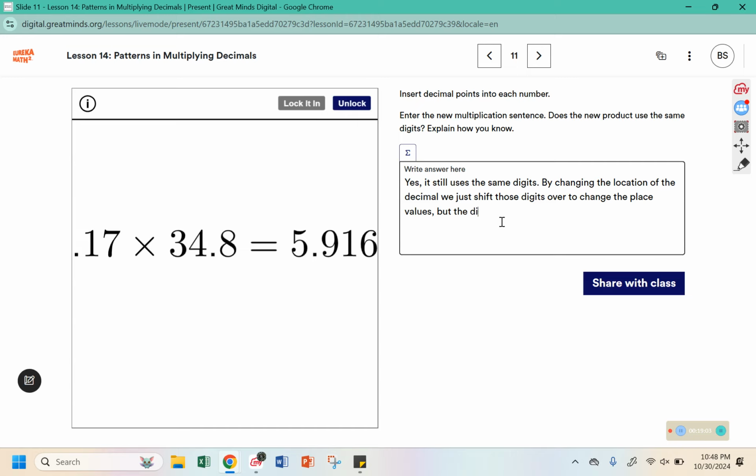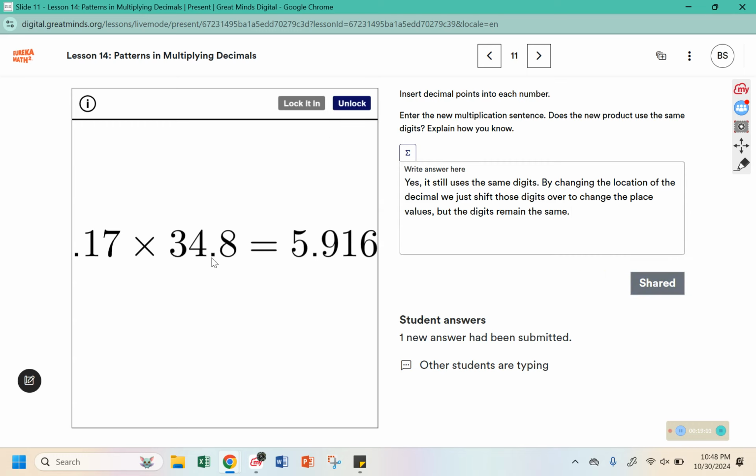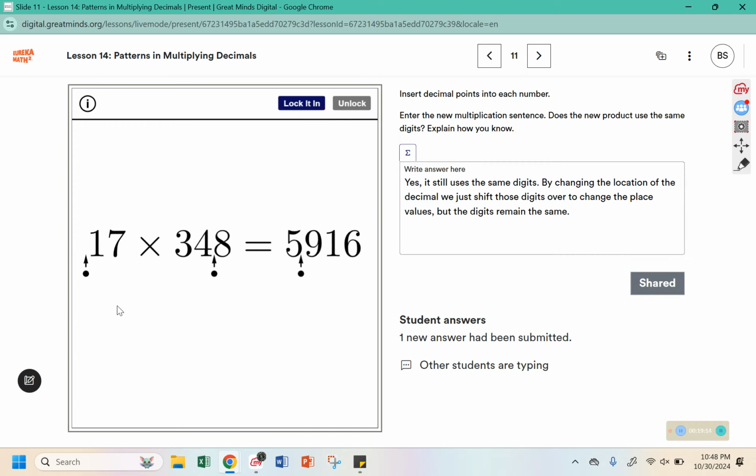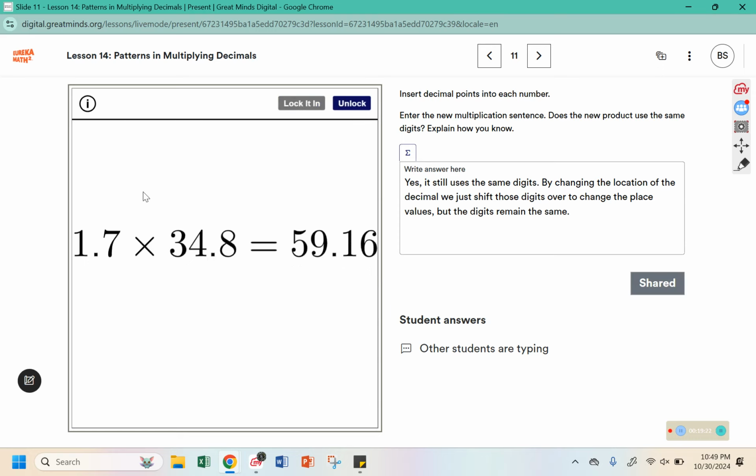But the digits remain the same. So if I wanted to change it, I could put 1, 2 decimal spots in my question and 1, 2 in the answer. The digits remain the same. The only thing that changes is those place values.